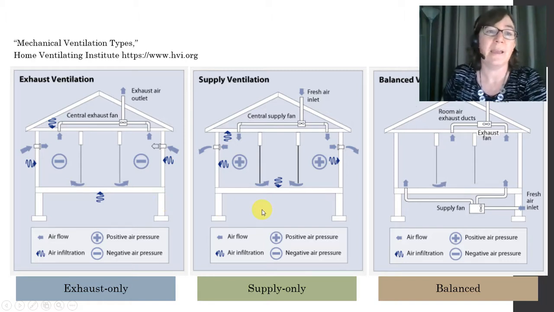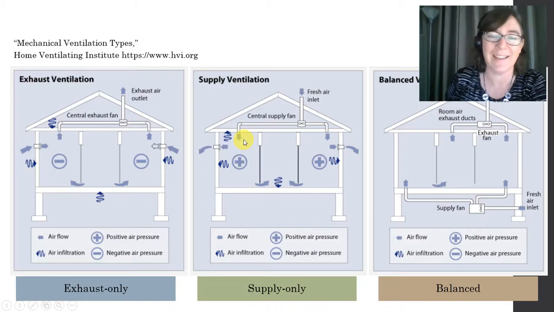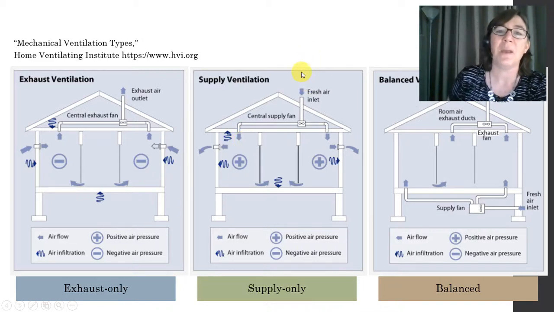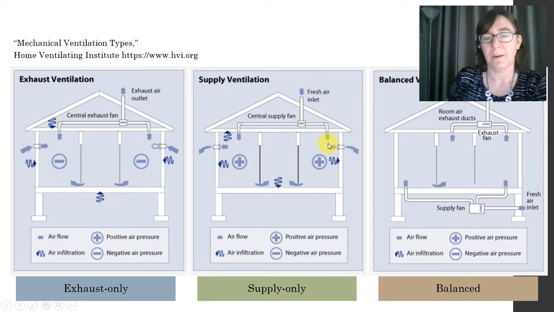Moving on to the supply ventilation, surprisingly it looks almost the same. Only check out the arrows. This time we're drawing air in from the outside and blowing it into our space. And then how does it get out of the house?